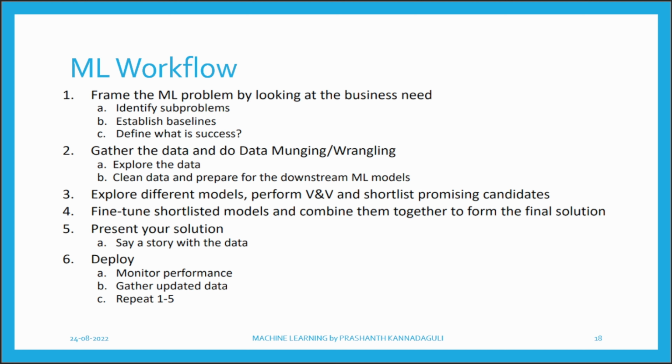Then the next part is explore, perform, visualize, shortlist the candidates. In the sense, whichever machine learning algorithms we are going to study in the upcoming sessions, out of that you may try to implement everything, because we have no idea which particular algorithm is going to work better, which is the best one for this problem. Mostly I don't have any idea.